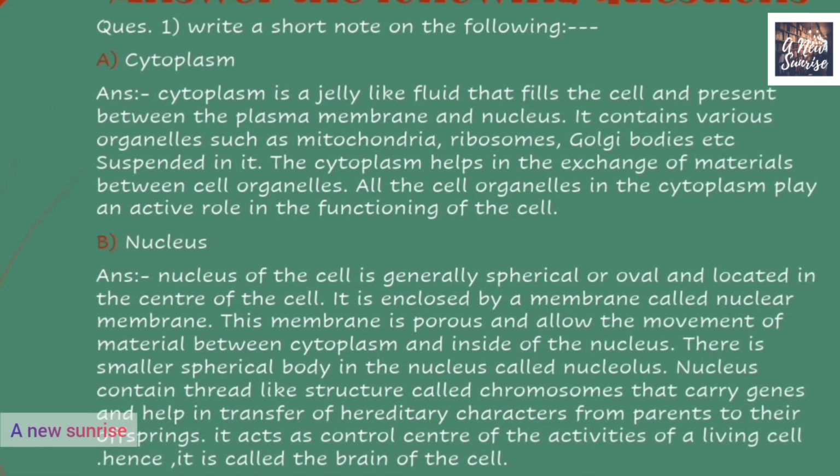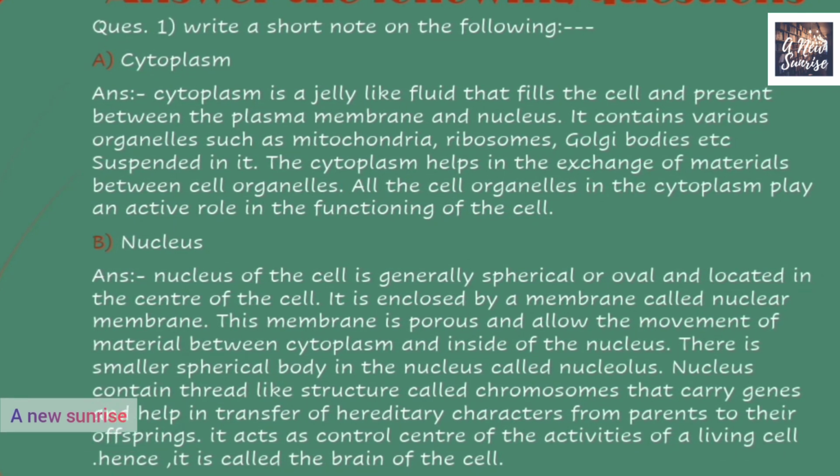Now let's give a short note on the nucleus also. The nucleus of the cell is generally spherical or oval. The nucleus is usually located in the center of the cell. It is enveloped by a membrane called nuclear membrane, also known as nuclear envelope. This membrane is porous and allows the movement of material between the cytoplasm and inside of the nucleus.